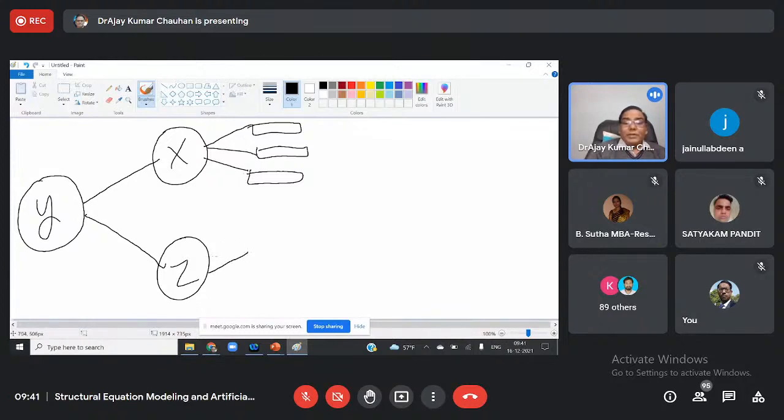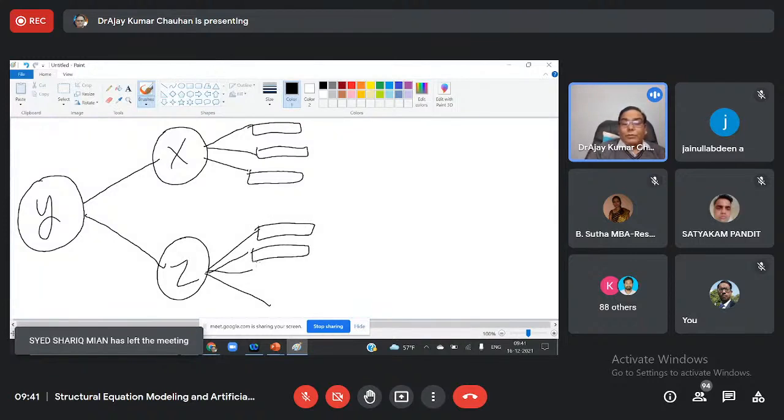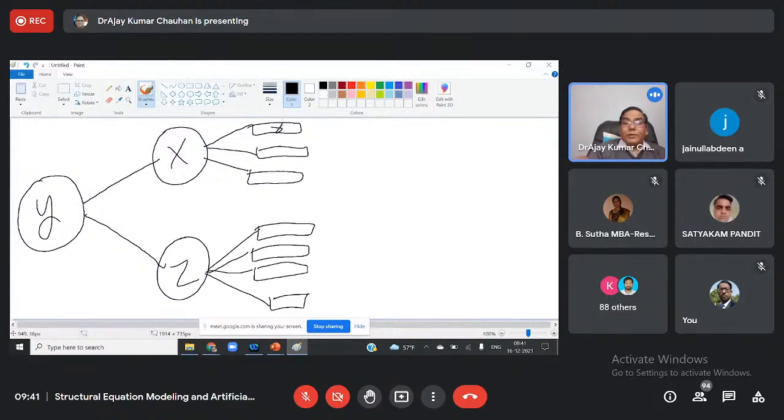And Z is measured with the help of four items, item 1, 2, 3, and 4. So these are x1, x2, x3, y1, y2, y3, and y4. So this construct is known as a second order construct.